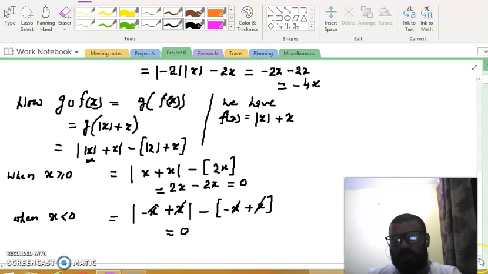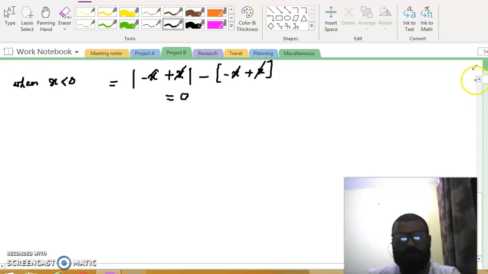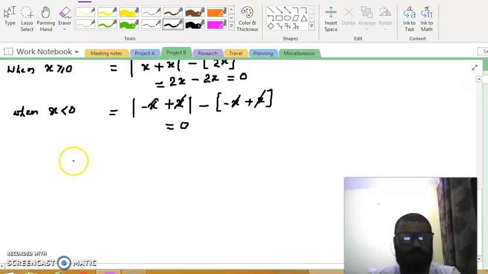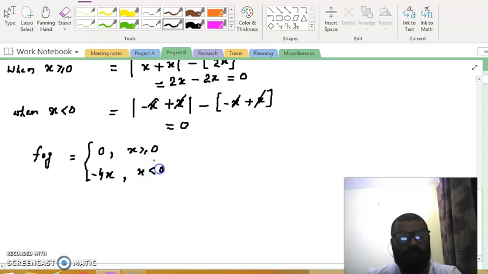So let's write their values. f of g is equal to the value of the function, which comes out to be 0 when x is greater than or equal to 0, and it is negative 4x when x is less than 0.